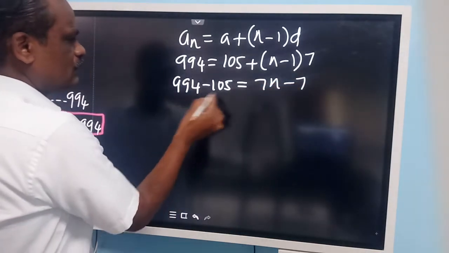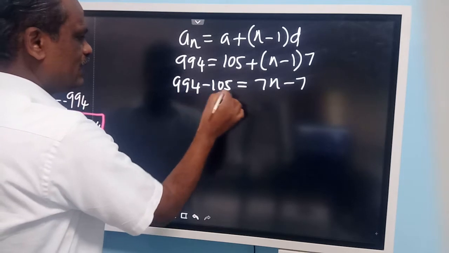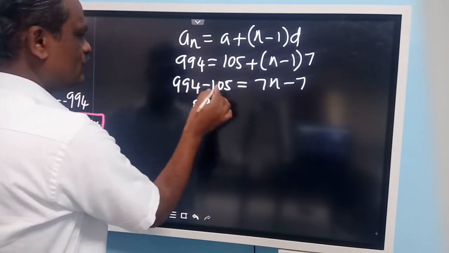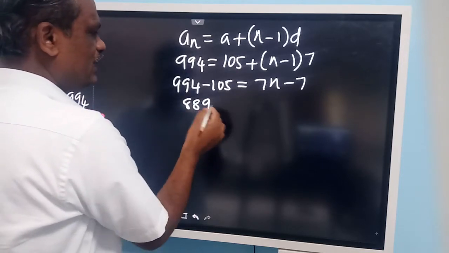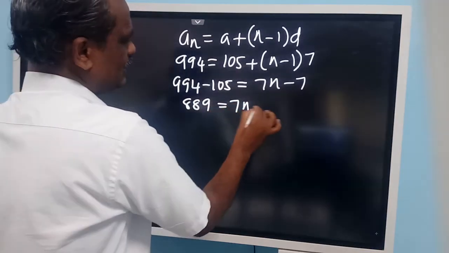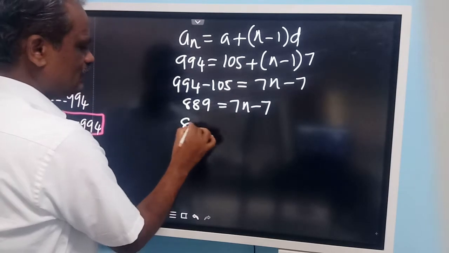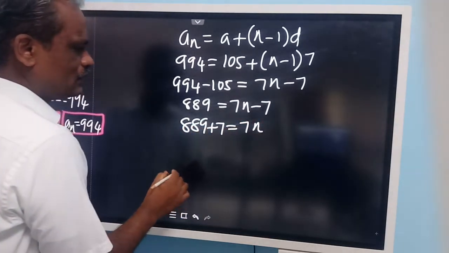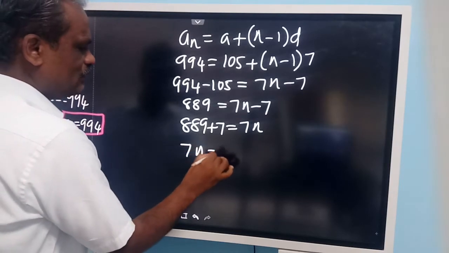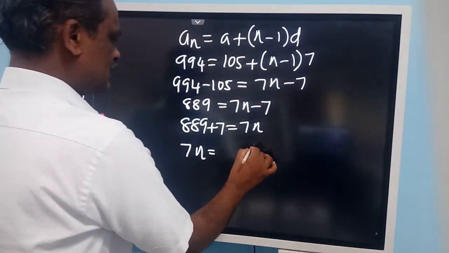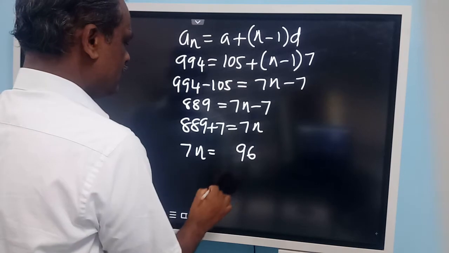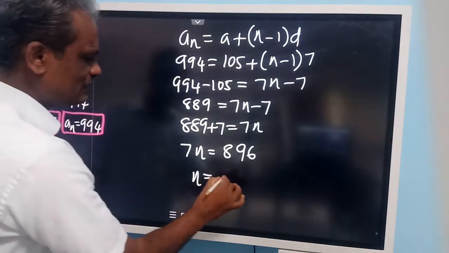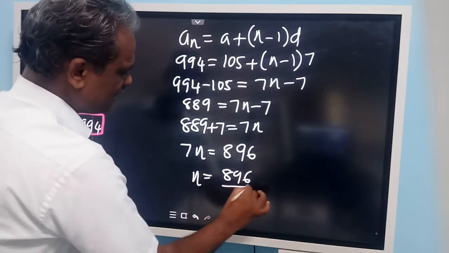Now if you subtract, 14 minus 5 is 9, 9 minus 1 is 8, so 889 is equal to 7n minus 7. Transfer 7 to the left side: 889 plus 7 is equal to 7n. So 7n is equal to 896. n is equal to 896 divided by 7.